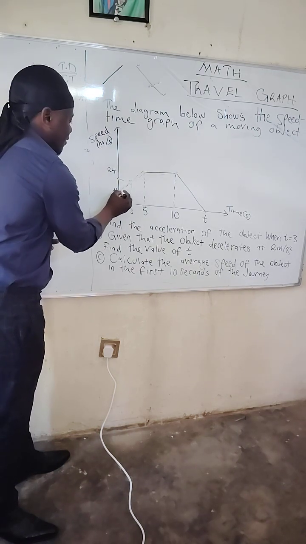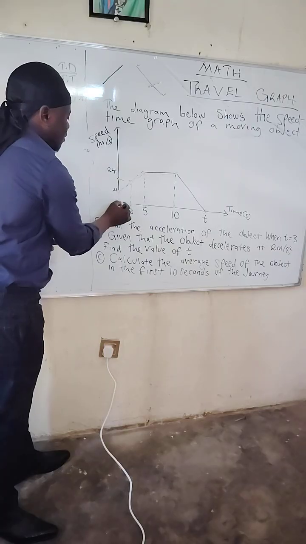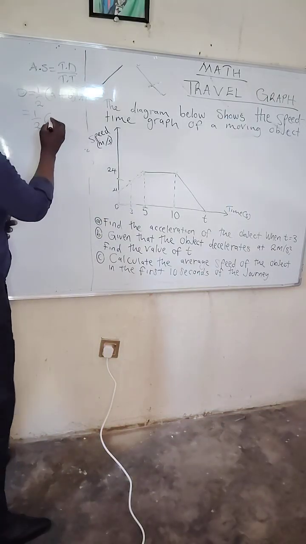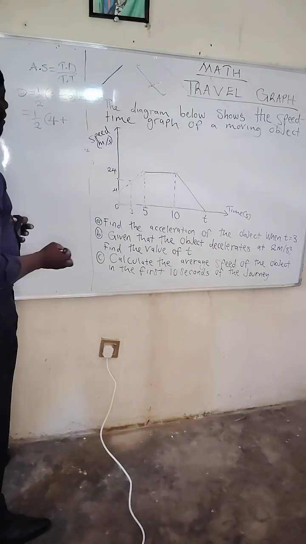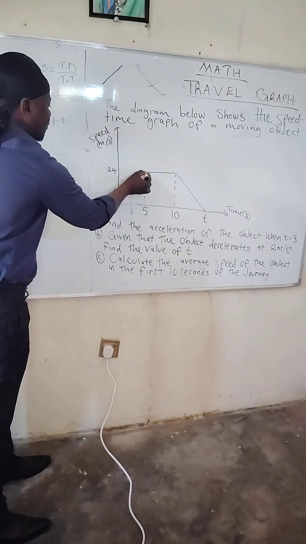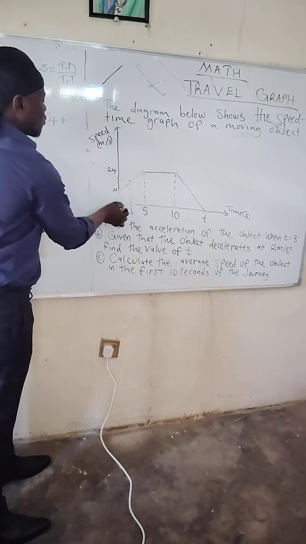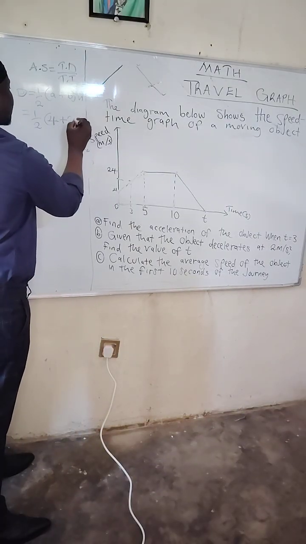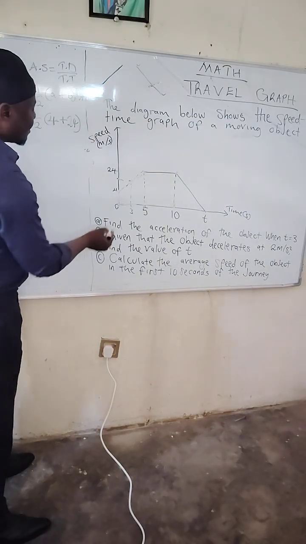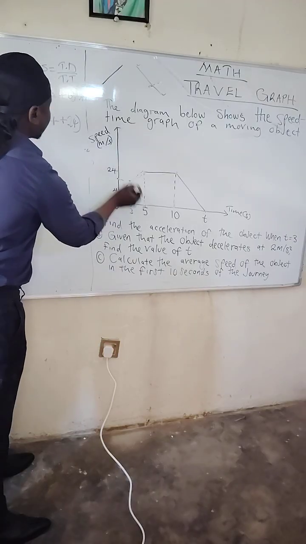We are using vertical, so you get it from speed, from 0 to 4. So a is 4, plus b. b is this now. Since we are using vertical, you get 24. Then height, automatically this will become 5.